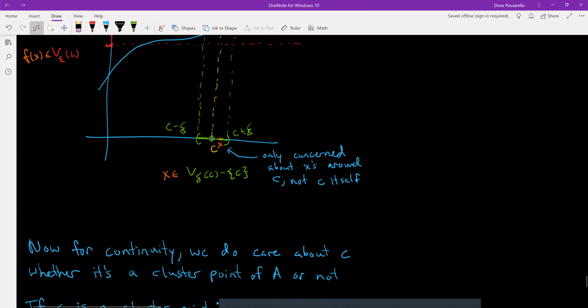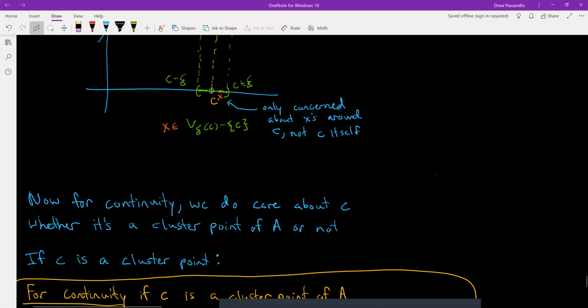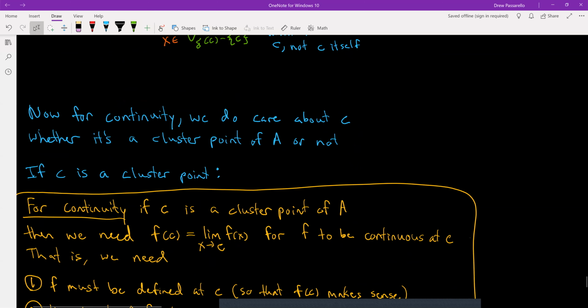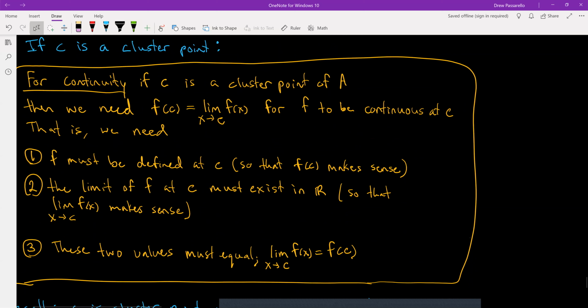So for continuity, we do care about c, whether it's a cluster point of A or not a cluster point of A. In the case that c is a cluster point of A, we basically need the function evaluated at c, f of c, to equal the limit as x approaches c of f of x to be continuous at c.